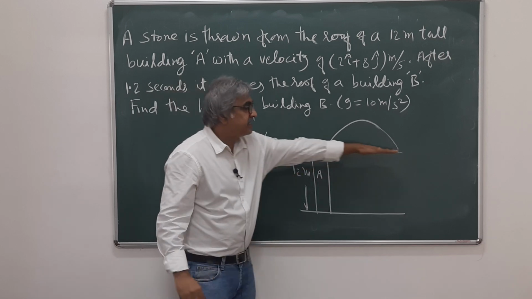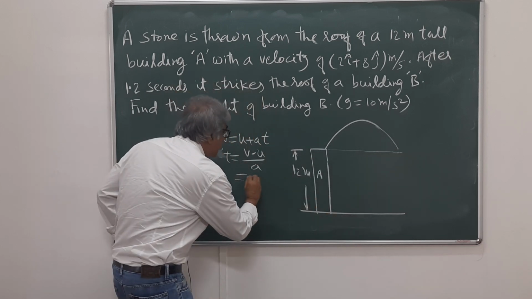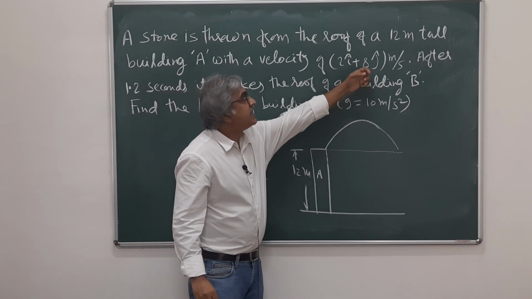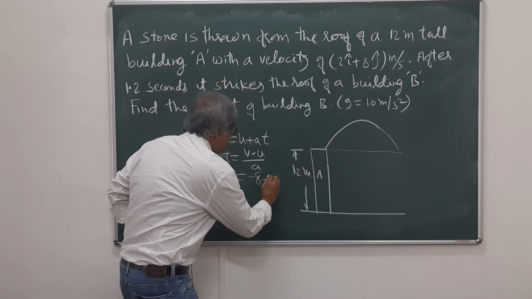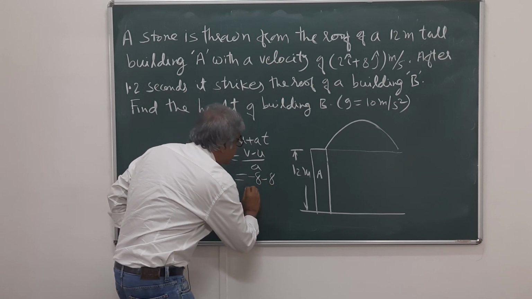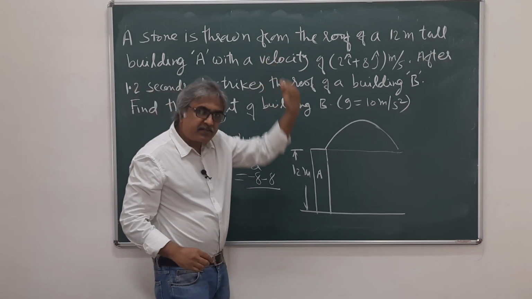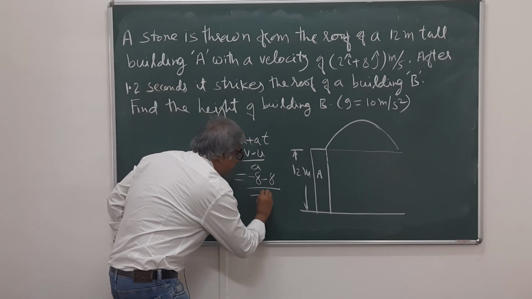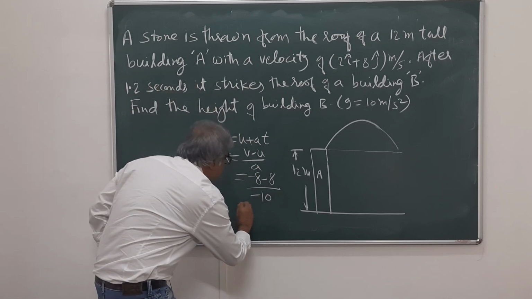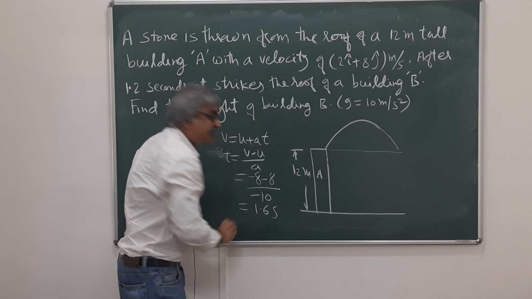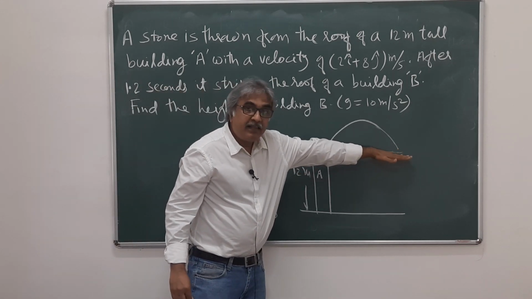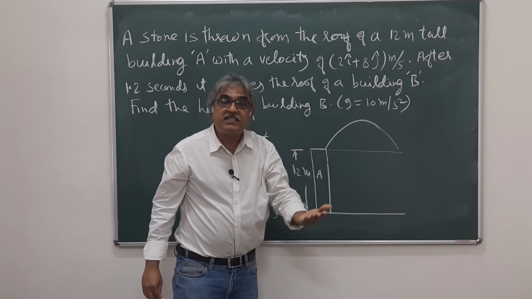Final velocity is -8 minus initial vertical velocity, which is 8, so minus 8 minus 8, upon acceleration, which is downward, so it is -10. So this time is going to be 1.6 seconds. If the stone were coming at this level, the time it would have taken is 1.6 seconds.